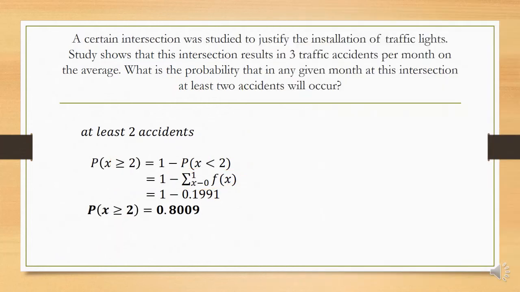Okay, unfortunately, for this one, we cannot use the formula to find another solution. Kasi, pag sinabi natin at least 2, pinakamababa yung 2. So, since sa given natin ay rate lang ang nakalitaw, ibig sabihin, this is the average.